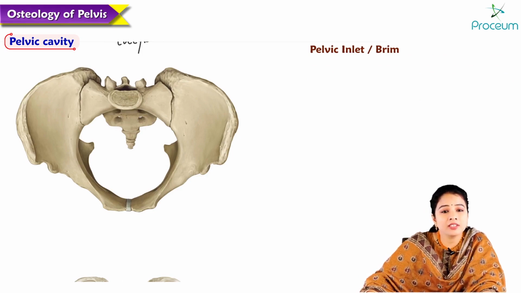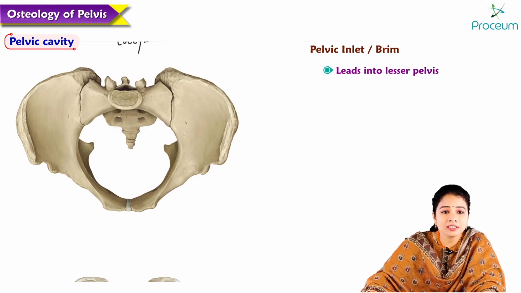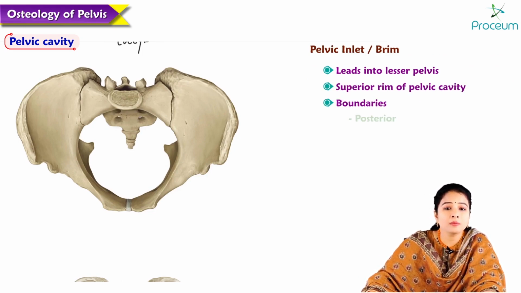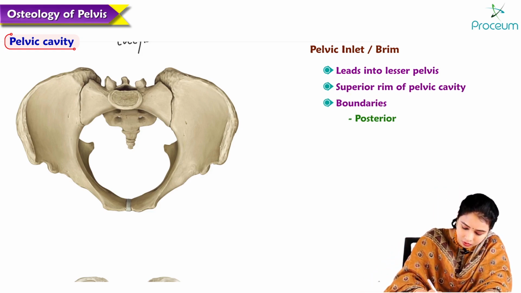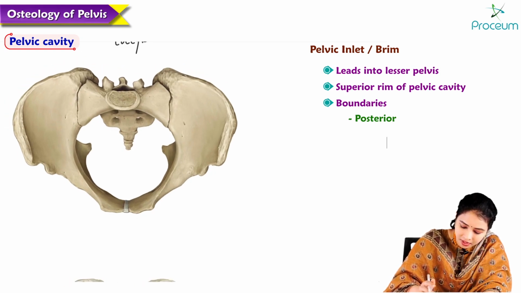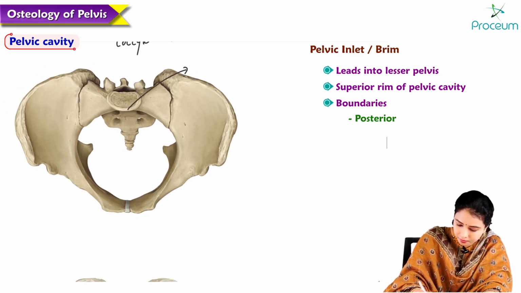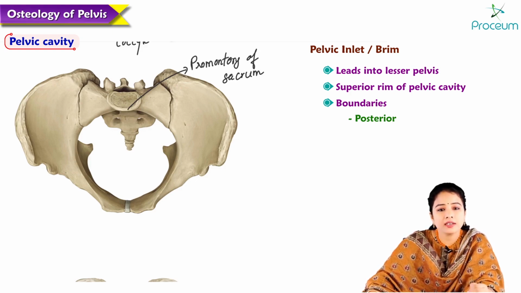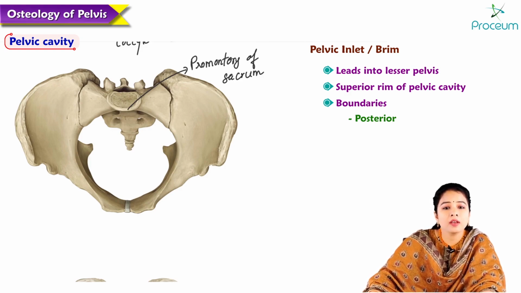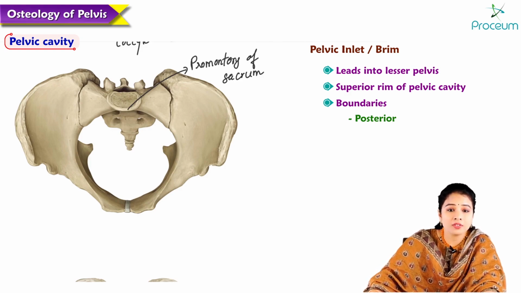The pelvic brim, which is otherwise called pelvic inlet, leads into the lesser pelvis, and it is the superior rim of the pelvic cavity. It is bounded posteriorly by the promontory of the sacrum and the anterior border of the ala of the sacrum.